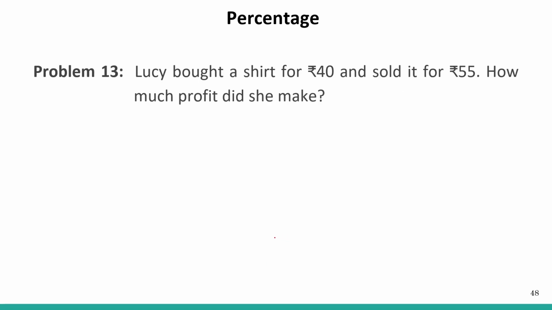So let's see problem number 13. Lucky buys a shirt for 40 rupees and sold it for 55. How much profit did she make?